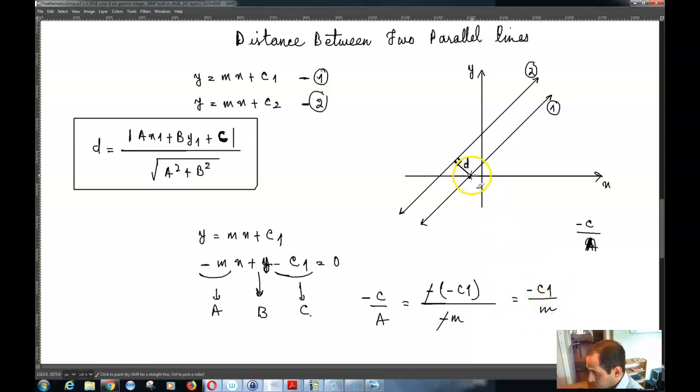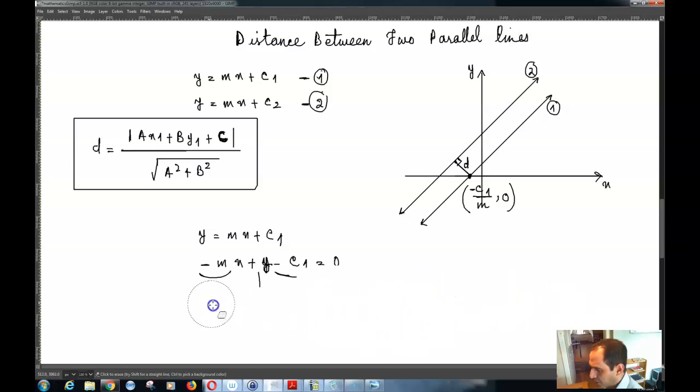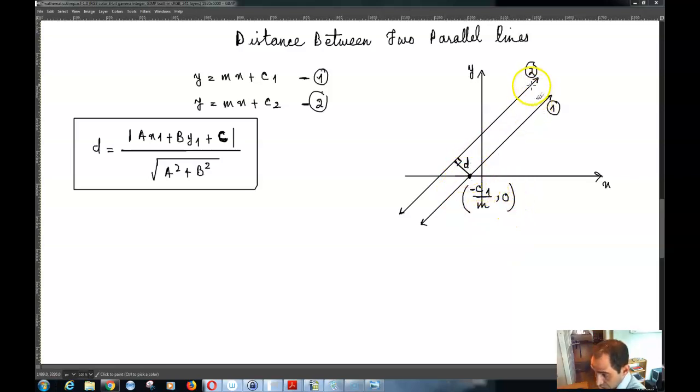So that means that the x coordinate of this point is negative c1 by m, and the y coordinate of this point is 0. So now we have the coordinates of this point, and we have the equation of this line. So I can substitute everything in this equation and get the distance of the two lines.